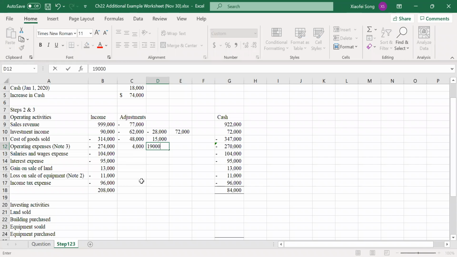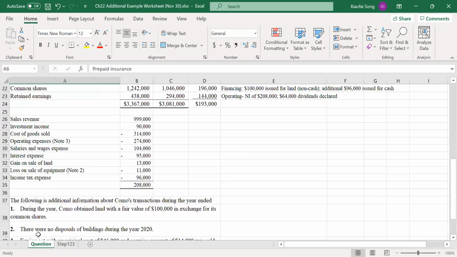That's prepaid expense. So that adjusts the operating expense, except one more thing, that's the depreciation. I think somewhere in the question it said the depreciation expenses are included.